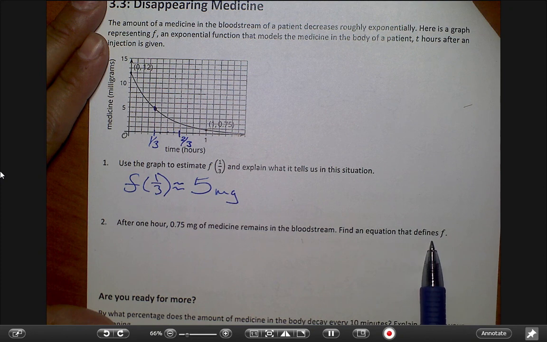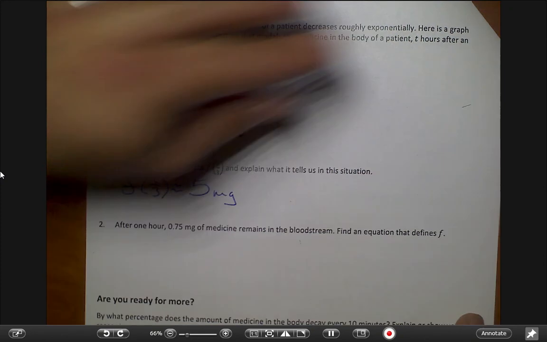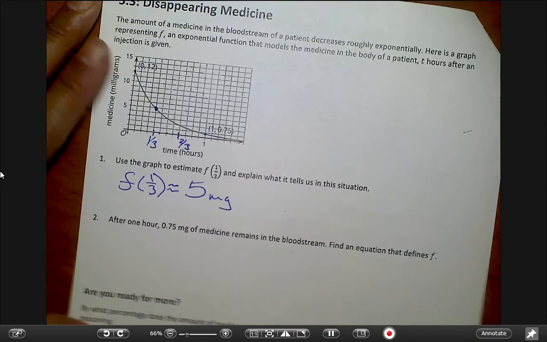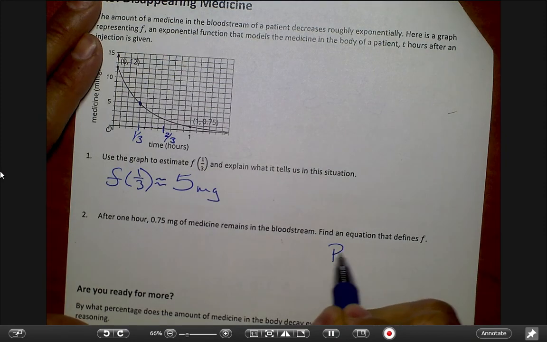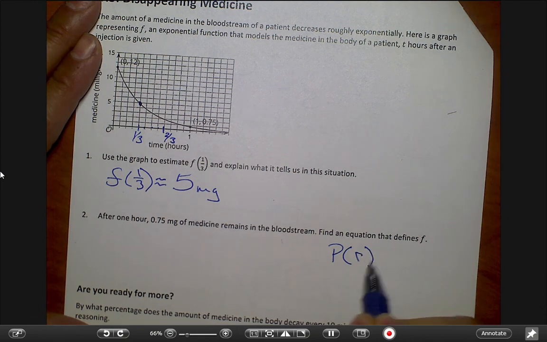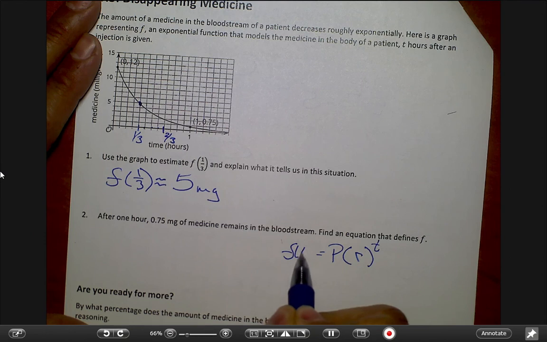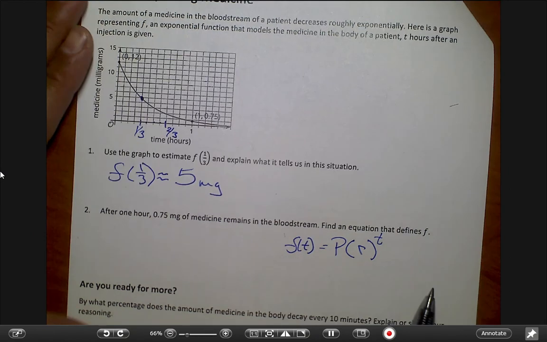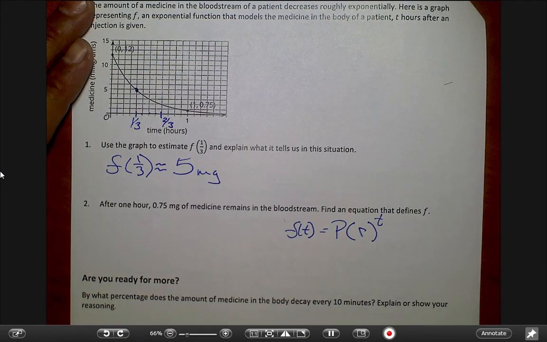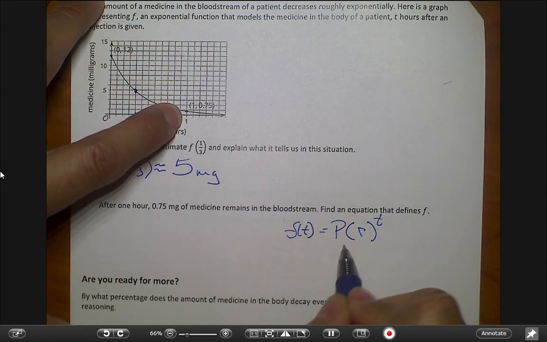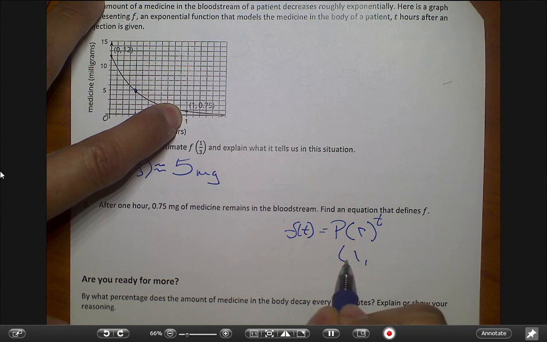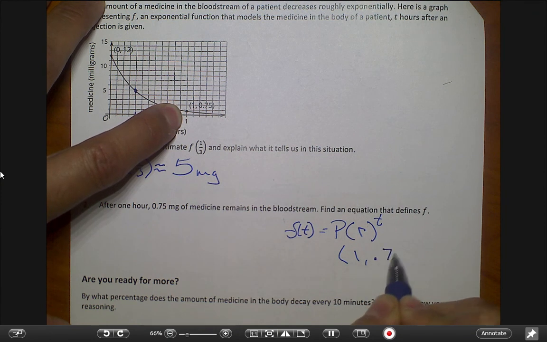Find an equation that defines F. All right. Watch this. We have this, which is P parentheses R raised to the whatever T is, right? And this is going to be F of T. So we're going to use this information. So I have some points here. I have this point, which means 1 hour, my output value is 0.75.